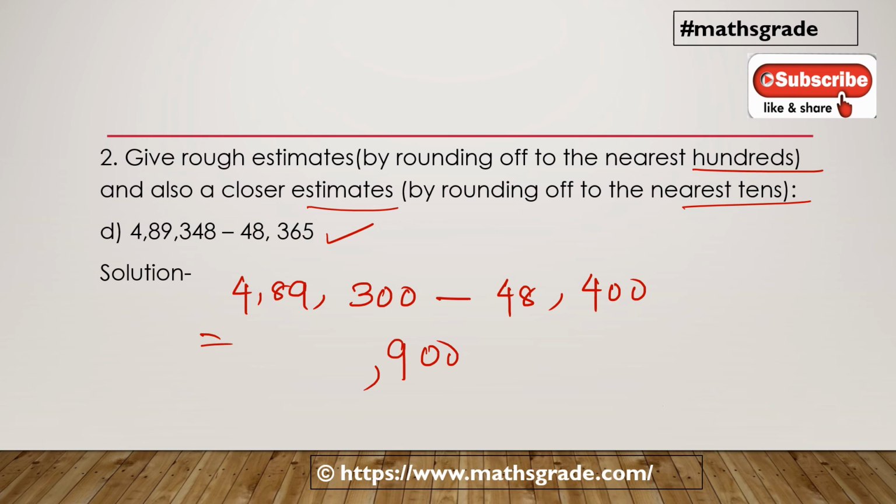And 8 minus 8 is 0. And 8 minus 4 is 4. This is 4,40,900. This is the answer.